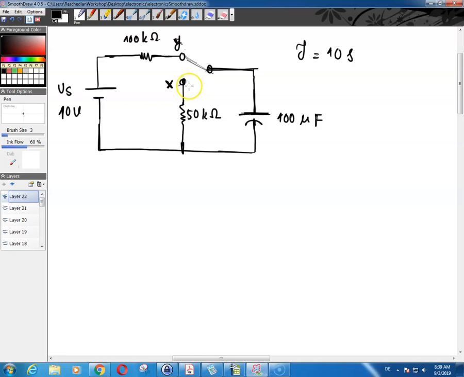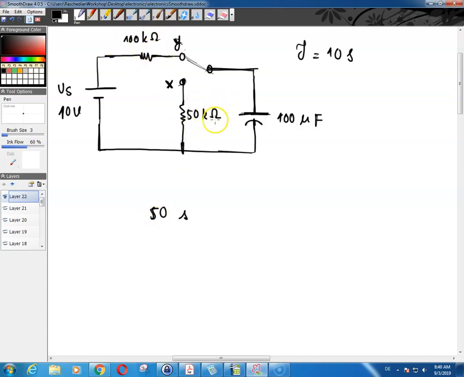So what is the discharge time constant of the capacitor? Since the capacitor is being discharged through this other resistor, which is 50 kilo ohm, it's going to take half of that time. Basically, it took the capacitor approximately 50 seconds to charge using a 100 kilo ohm resistor.